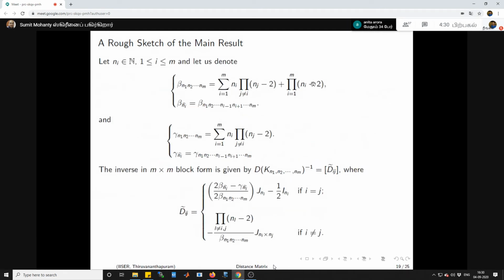If you define beta as this, that means it depends on the parameters n1 to nm, and these parameters may be anything, any m parameters you can define this function. If one of the parameters is missing, we denote it by n hat. Here ni is missing, so you are considering beta of this with this notation. Similarly for gamma also, if one of the parameters ni is missing, we denote it gamma of ni hat. With this notation, we found the distance matrix inverse turns out to be this form for any complete m-partite graph.